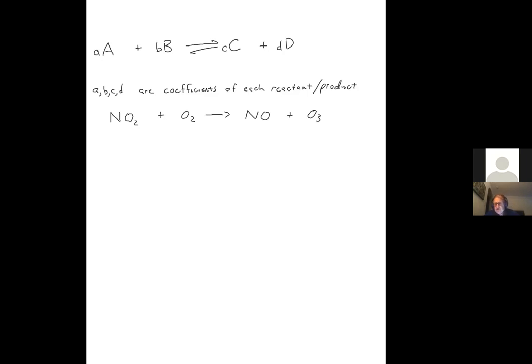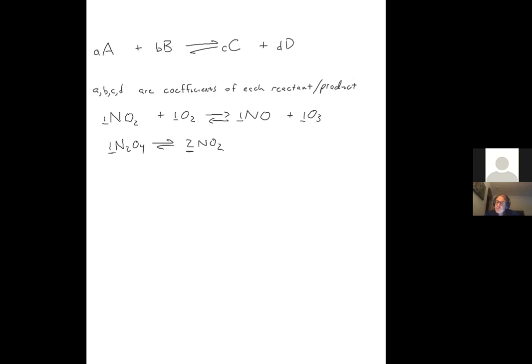Now everything in there is a 1. Okay, so all the coefficients are 1. But we could have another one. Here's one that's a little bit simpler. N2O4, reversible, might go to 2NO2. Okay, here the coefficient is a 2, here the coefficient is 1.